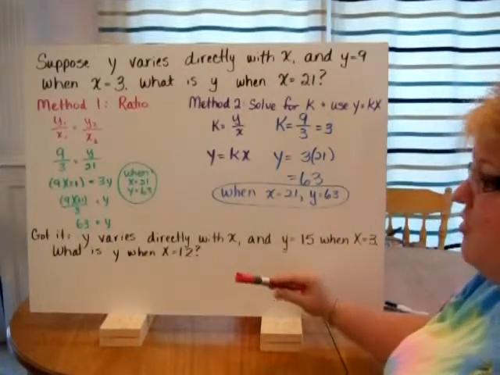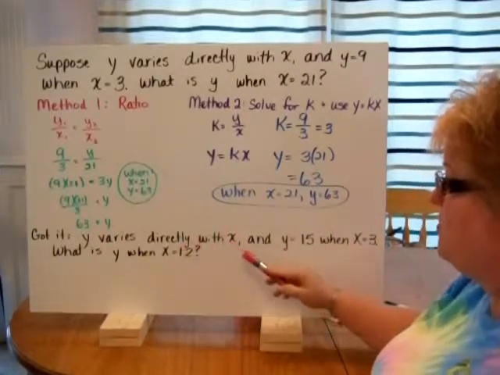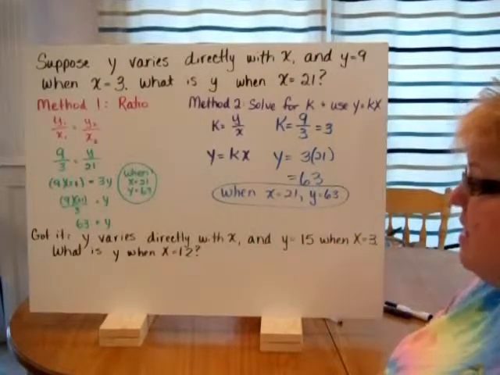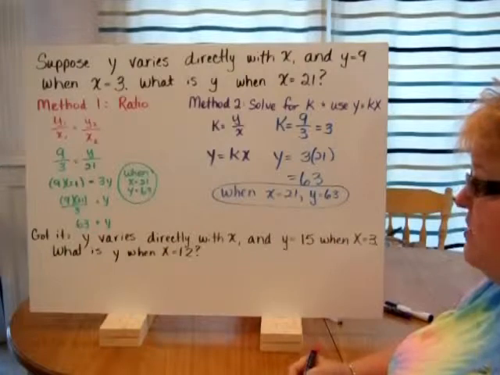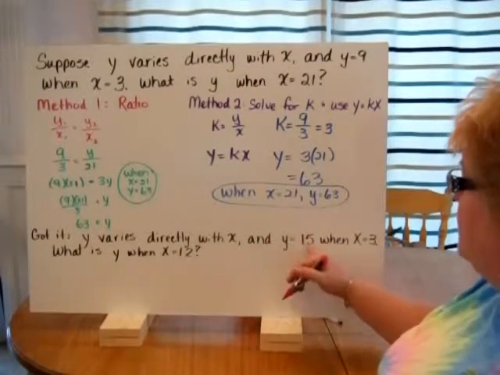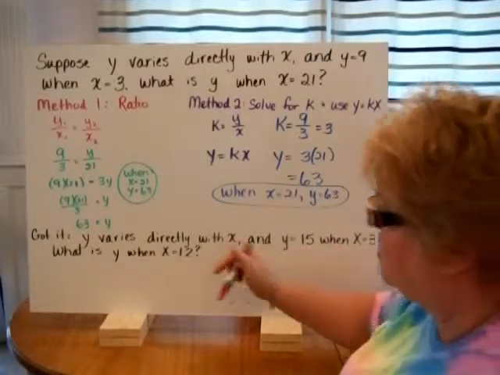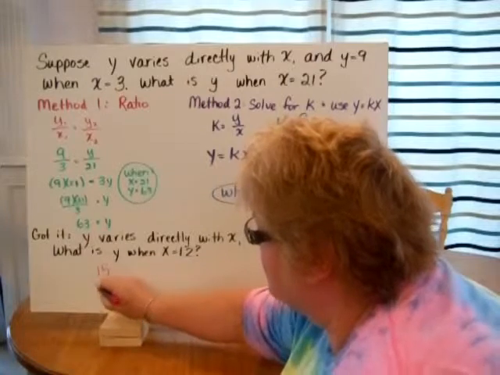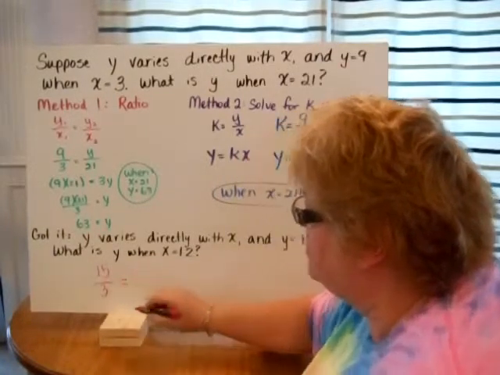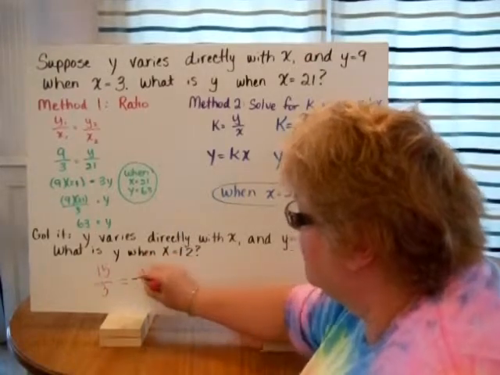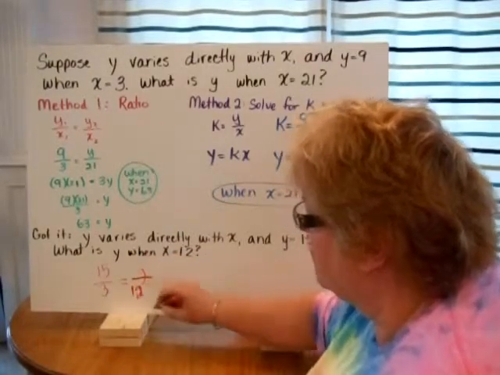Okay, the got it problem for you to try. Y varies directly with x, and y equals 15 when x equals 3. What is y when x equals 12? If you want to use the ratio method, you would take your y divided by the corresponding x and set that up to your other coordinate, which is what is y when x is 12.